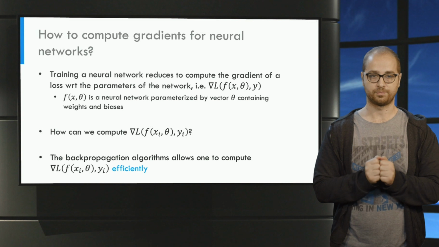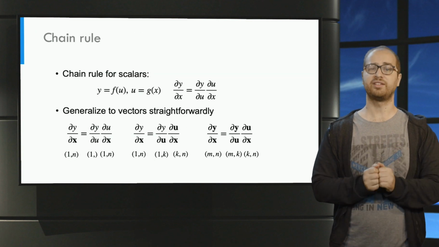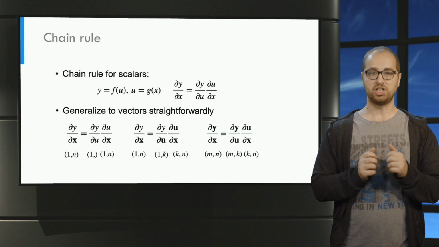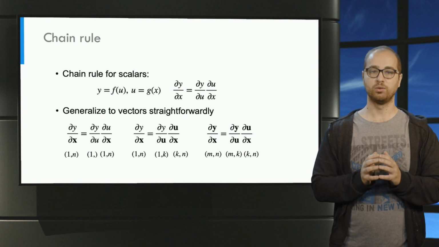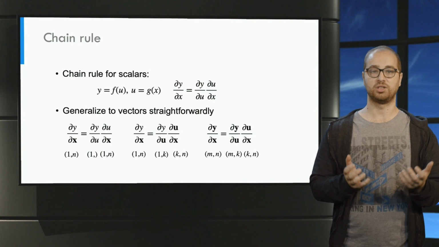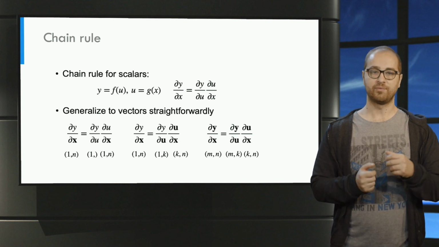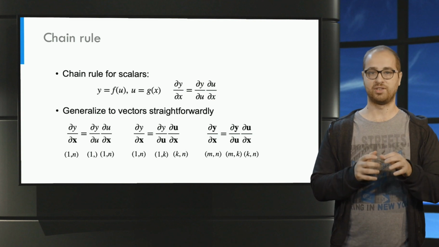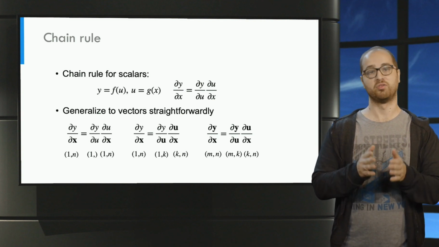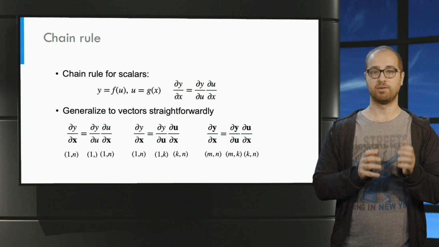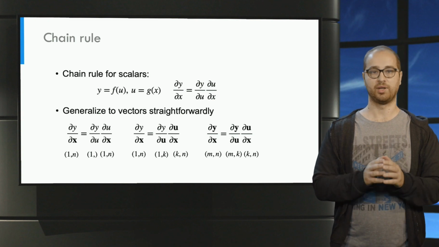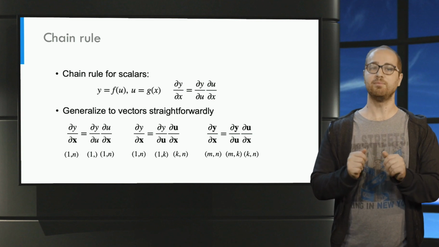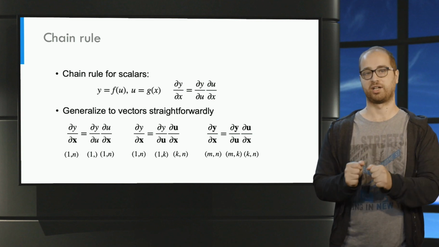To understand the backpropagation algorithm, let's start from the chain rule. The chain rule is one of the standard rules to compute the derivatives of composite functions. Intuitively, if, as in the first example in the slide, y is given by a composition of f and g, then the derivative of y with respect to x is given by the derivative of f with respect to g times the derivative of g with respect to x.